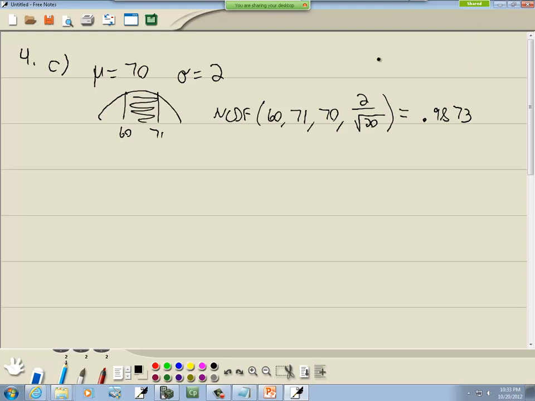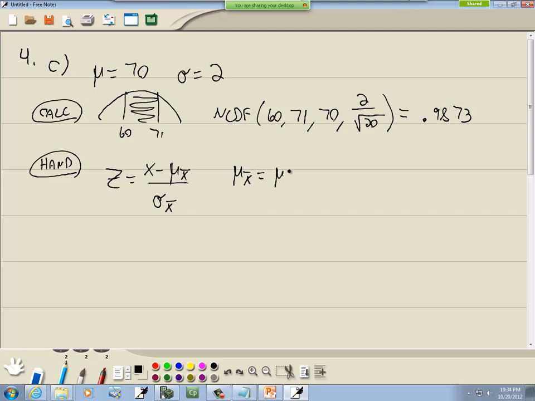And let's do it by hand now. So we're going to use this formula: Z is equal to x minus mu sub x bar over sigma sub x bar. Mu sub x bar is equal to mu, which is 70, and sigma sub x bar is equal to sigma divided by the square root of n, which is 2 divided by the square root of 20 in this problem.